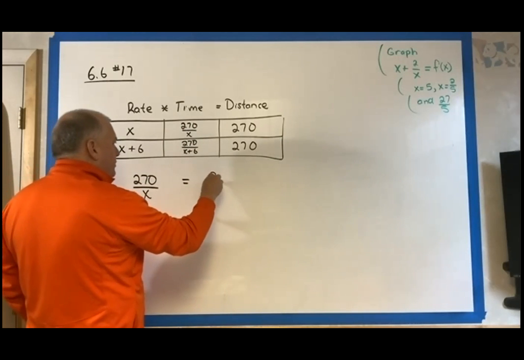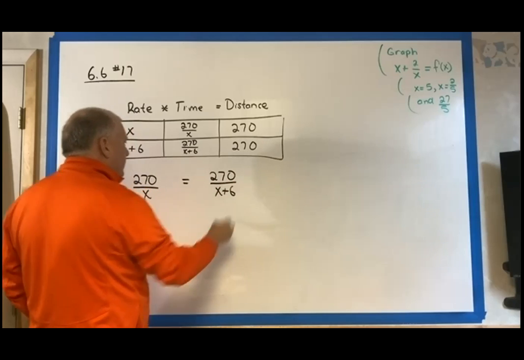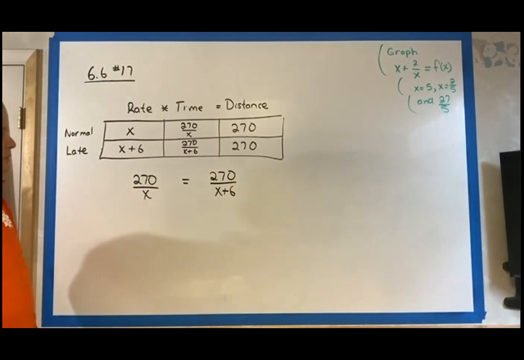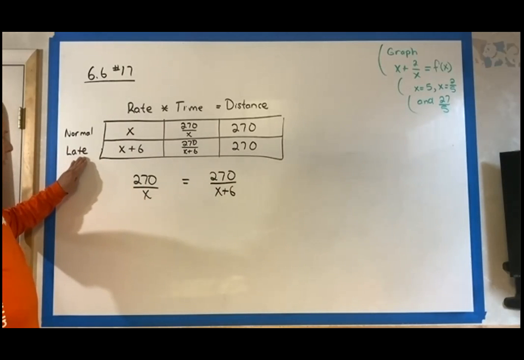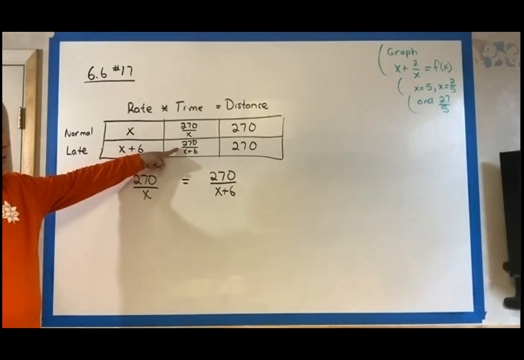Are these two times equal? You say no. He started late. This time is shorter. He's going to drive less time, but therefore he's driving faster. How much shorter? 30 minutes shorter he's going to drive.